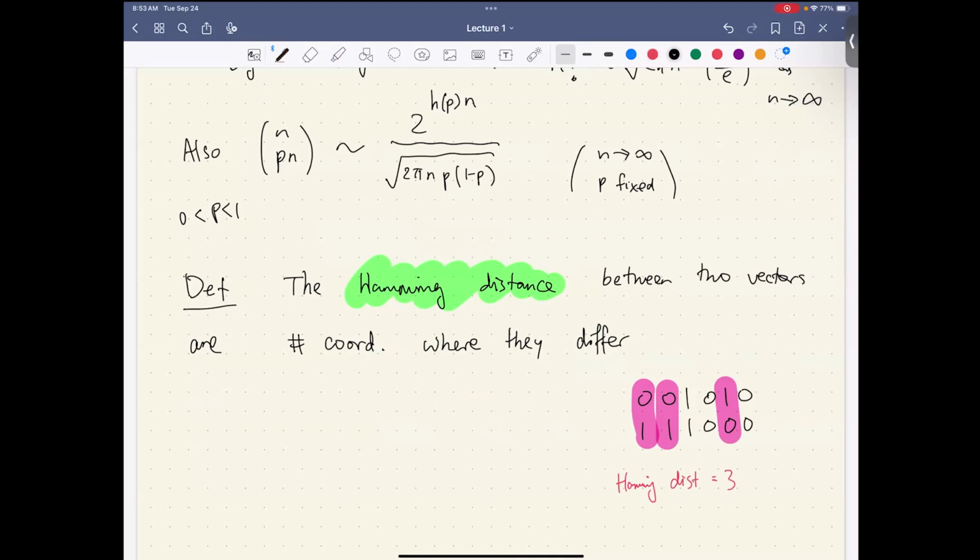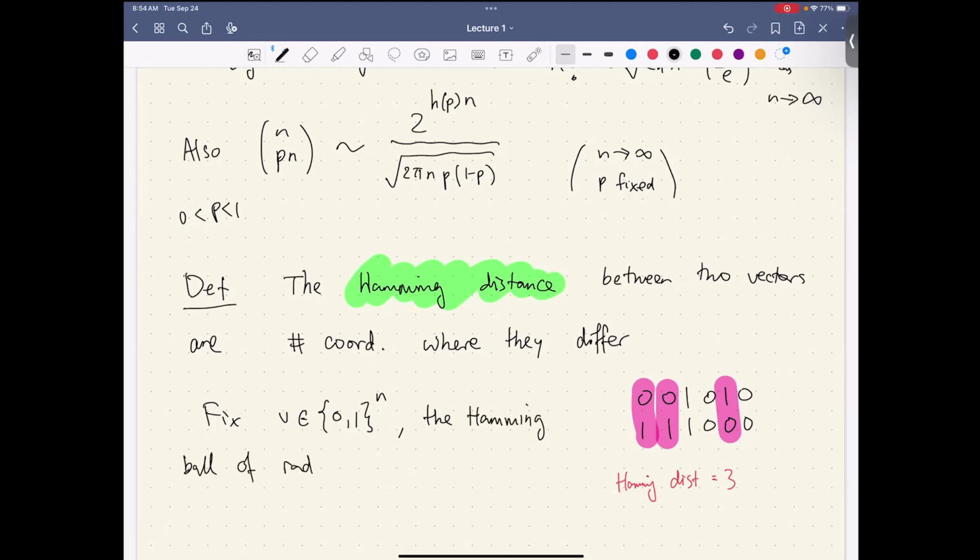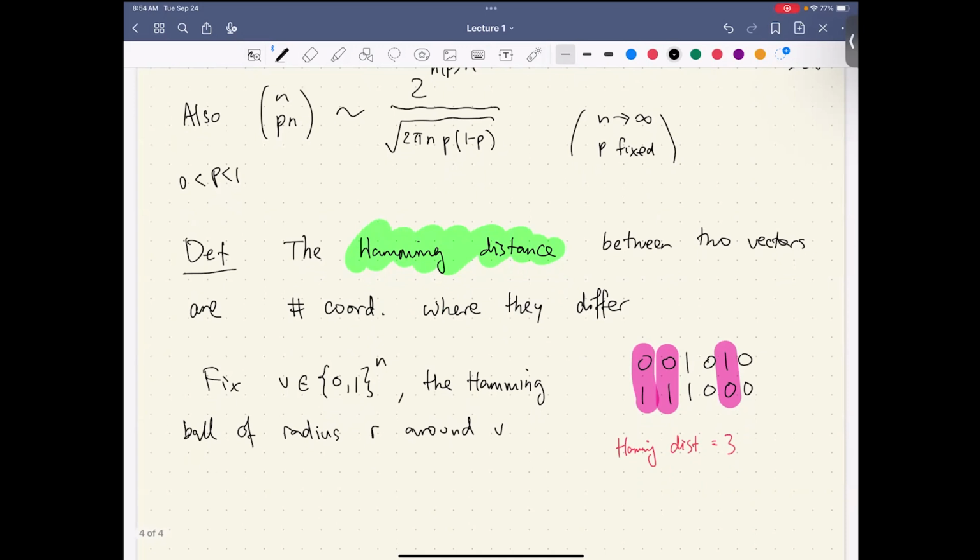Now, the Hamming ball. If we fix a binary vector v of length n, the Hamming ball of radius r around v is just the set of all vectors with Hamming distance at most r from v.